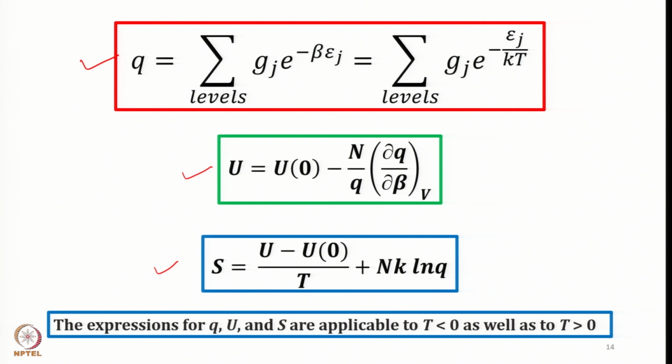That means the expressions that we derived here are applicable to positive as well as negative temperatures. Positive versus negative temperature is a subject of another discussion. But what we did was we derived Q, we connected that Q with the internal energy, we connected that Q with the entropy of the system.